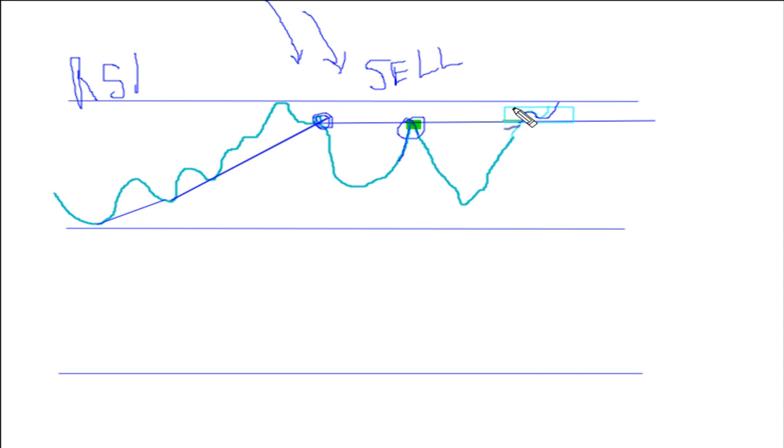Whenever you see uniformity not being observed, it generally means that the opposite is going to take place. We were expecting a sell signal, but because there's no uniformity, the stock actually starts moving higher, and I'll show you examples of that.